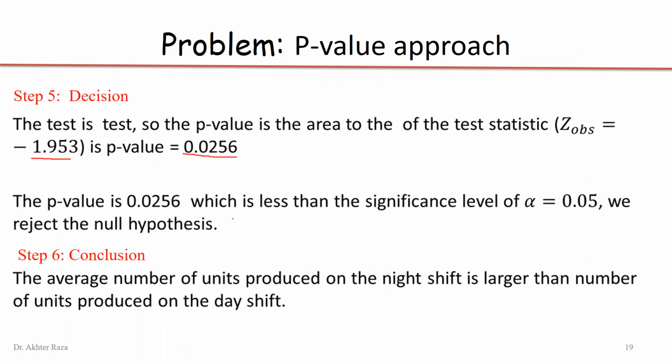If the p-value is less than or equal to alpha, then we reject H naught. In my case, the p-value is 0.0256.